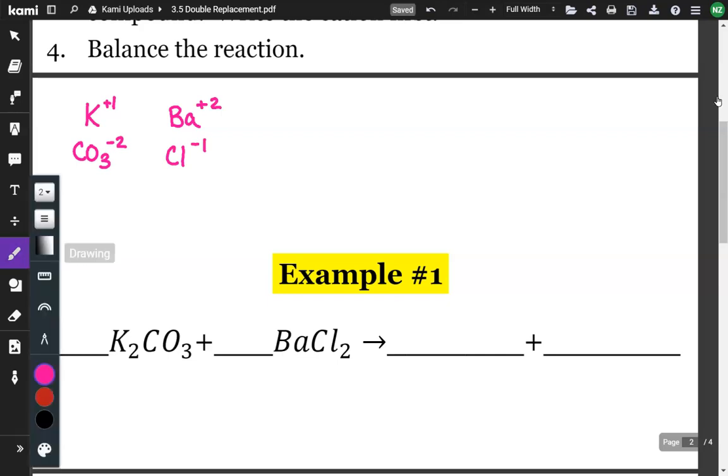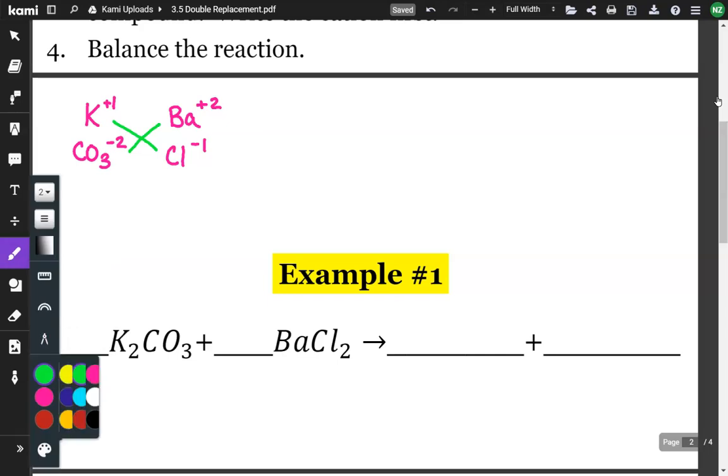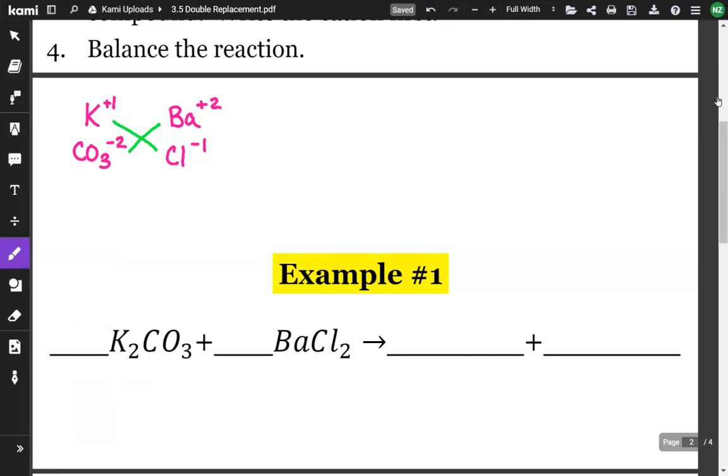Now, the cool thing about writing it this way is now I can just draw an X. So potassium's going to go with chlorine, and then barium will go with carbonate. That's it. So potassium and chlorine are both 1. Barium and carbonate are both 2.